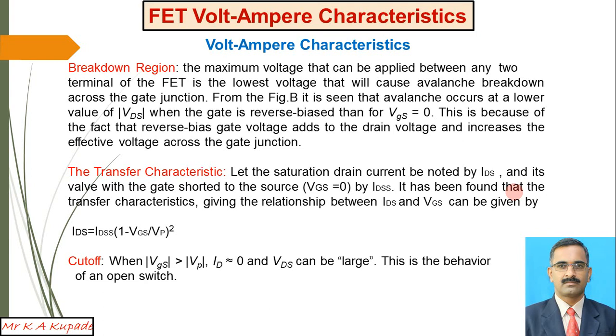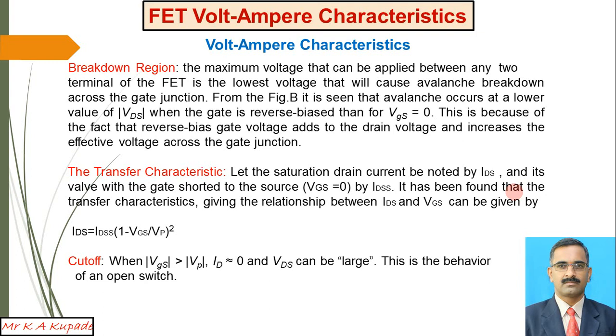And the cutoff region: when VGS is beyond Vp, at that time ID is nearly 0, and VDS can be large. This is the behavior of an open switch.